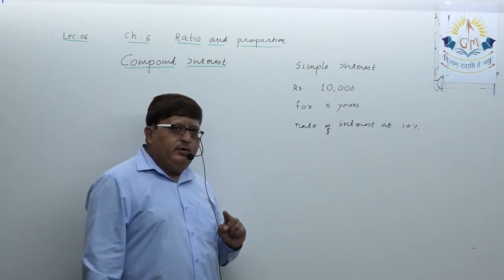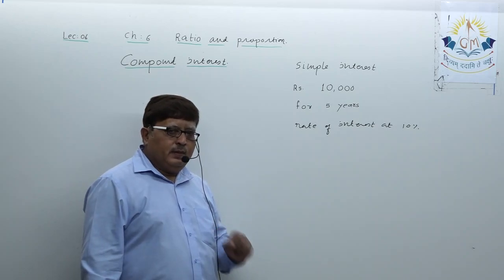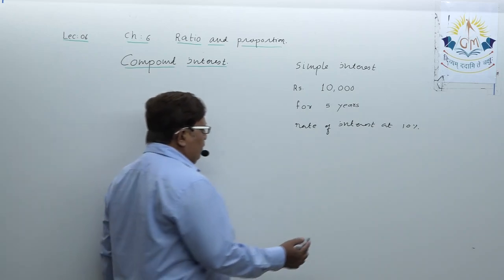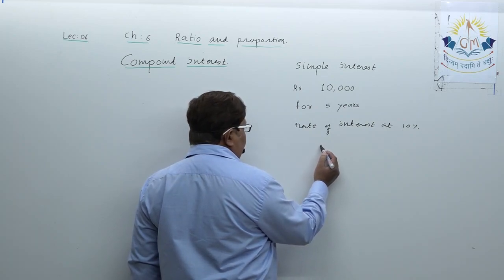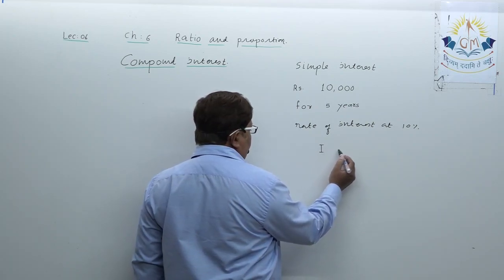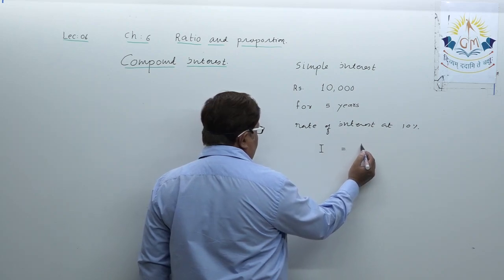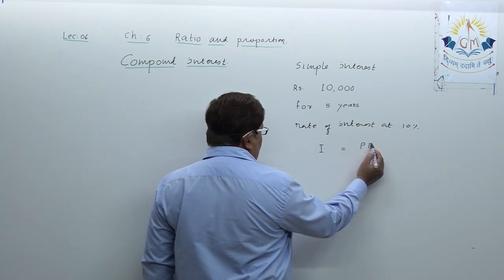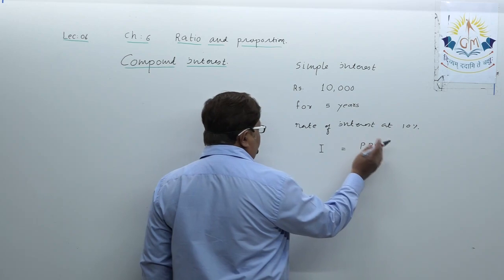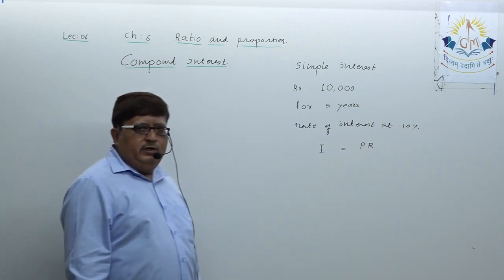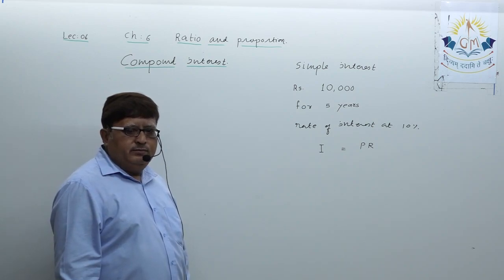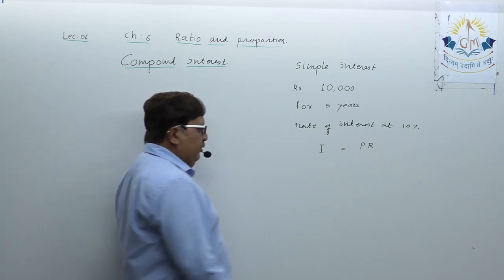In simple interest, I will also mention the formula for interest which you studied in primary standard. PRT, somewhere in textbooks they write N, somewhere they write T. It is all okay.